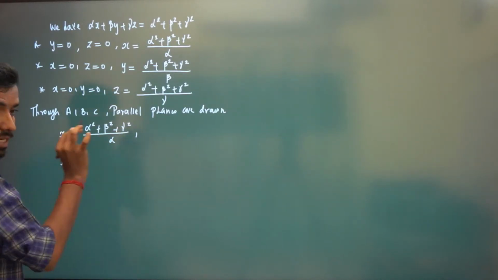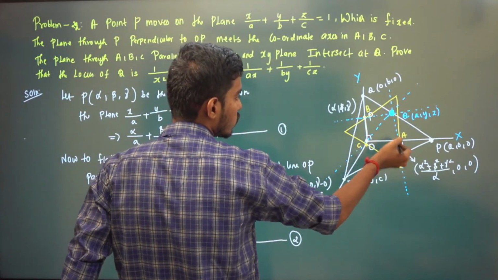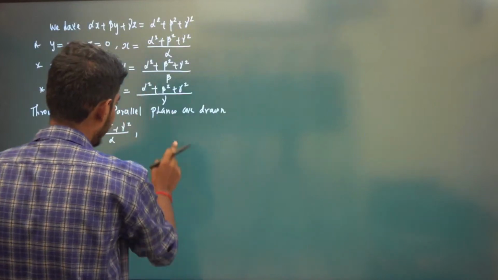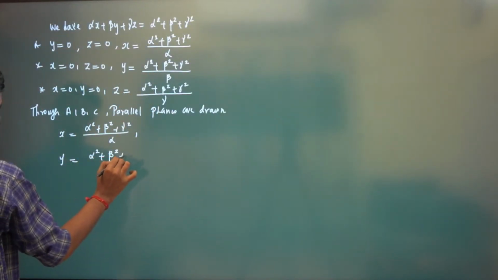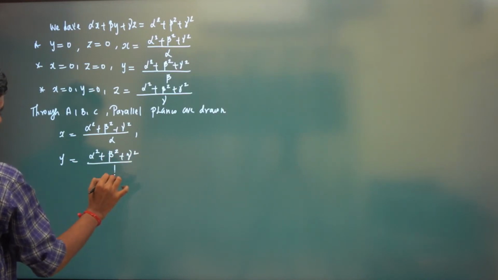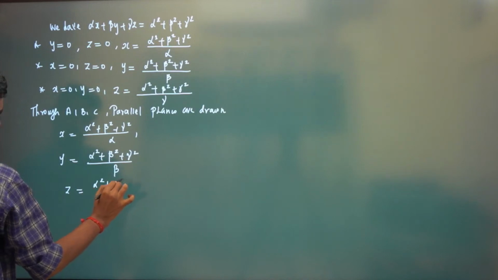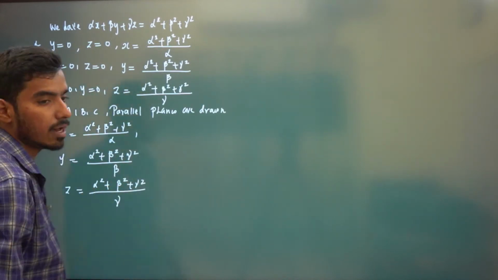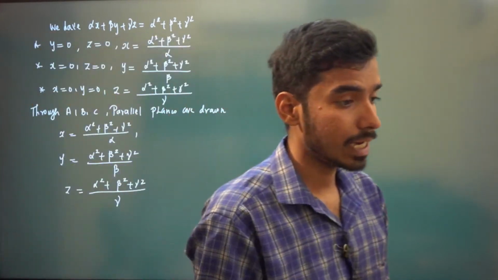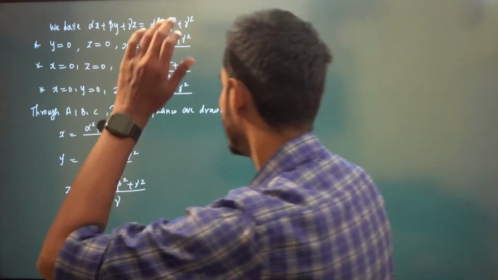Usually we will have y is equal to b, but here it passes through this point. This point is the y intercept, which is alpha square plus beta square plus gamma square by beta. And z is equal to alpha square plus beta square plus gamma square by gamma. These are the equations of three parallel planes, right?